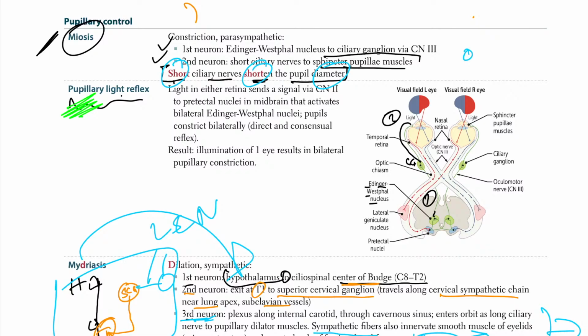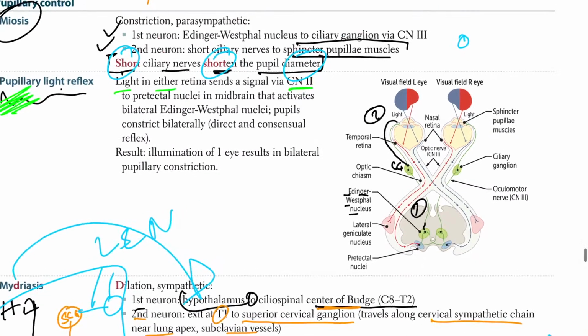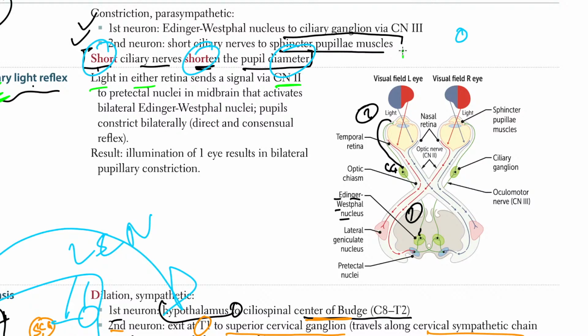Pupillary light reflex: light in either retina sends a signal via cranial nerve 2. Let's give an example. We shine the light here. It's going to go from the retina, on both sides, via cranial nerve 2 to the pretectal nuclei.